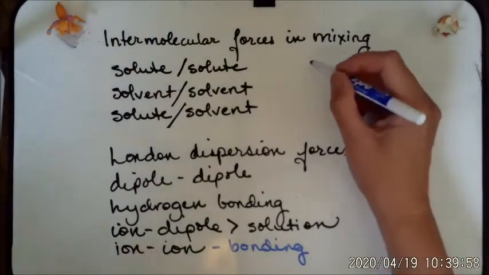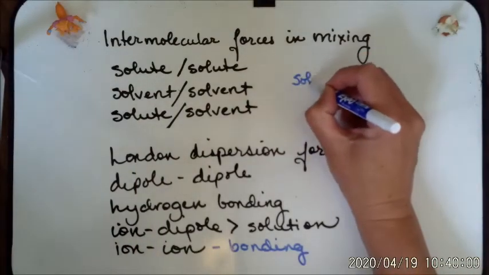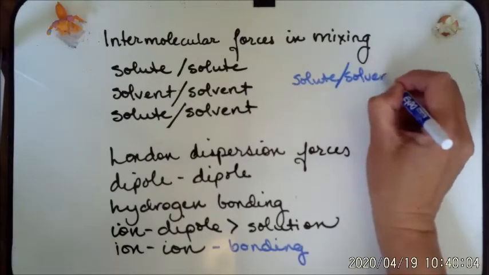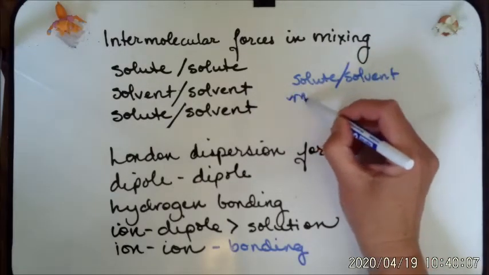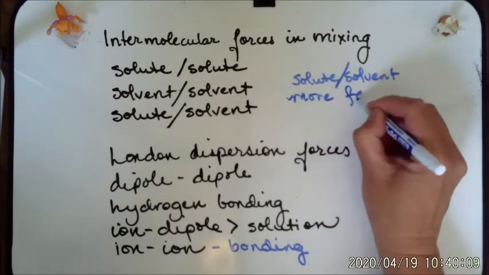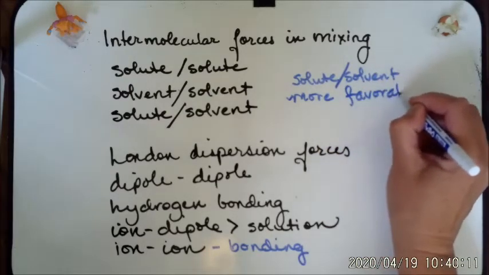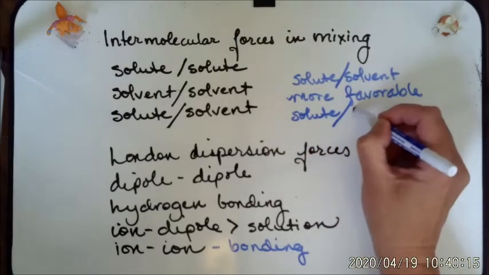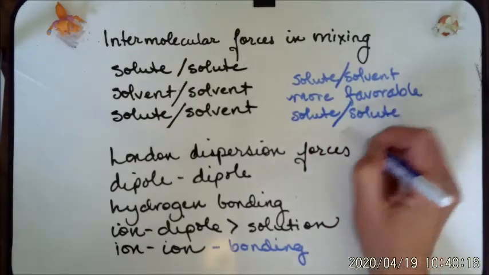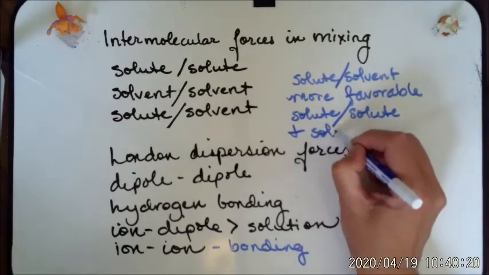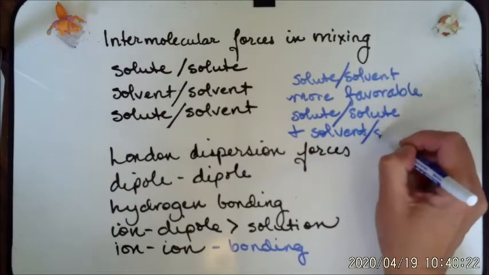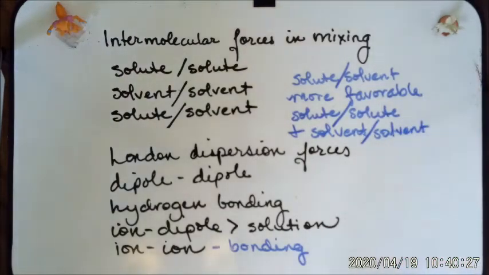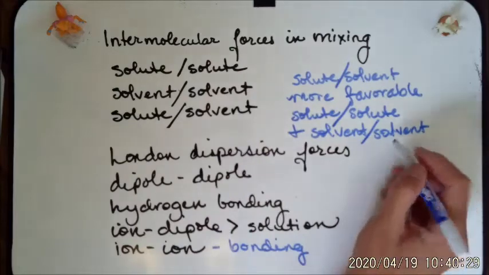And what we need to bear in mind is that when I look at my solute-solvent interactions, if they are more favorable than the sum of solute-solute and solvent-solvent, then basically your solute will dissolve.